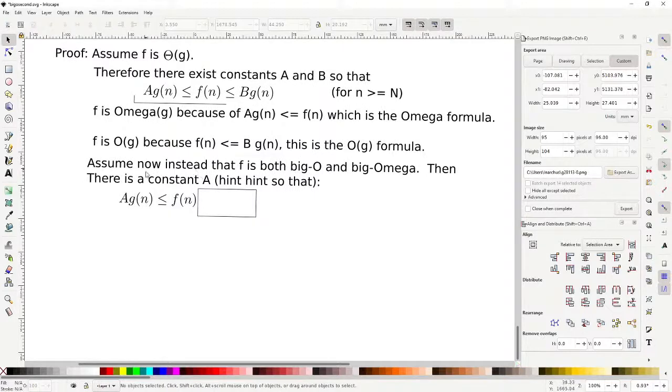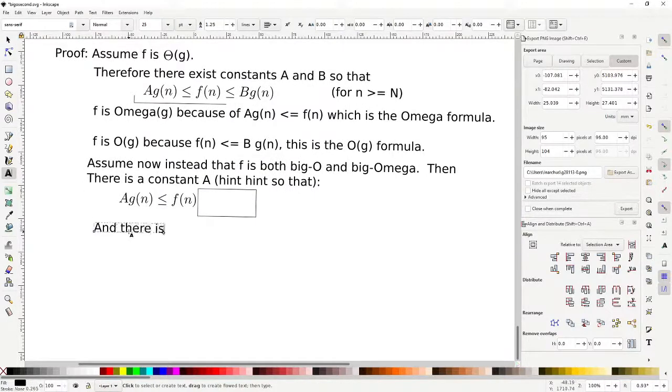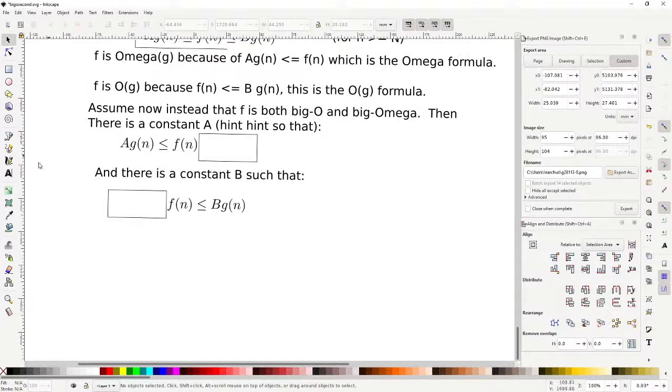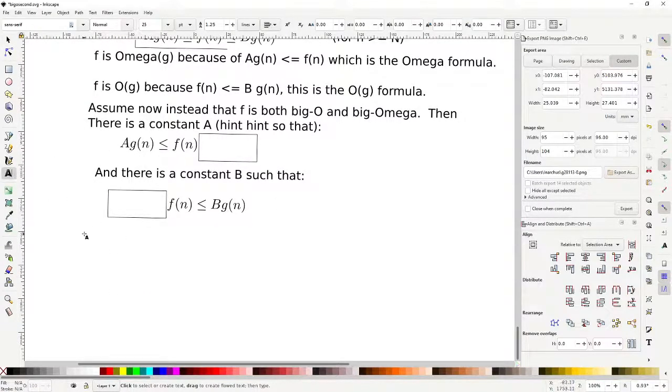Right, so there is a constant A such that this, and there is a constant B such that this. And now we pretend that we don't know this and we cover this side up, and then you say, aha, right? So we combine these inequalities.